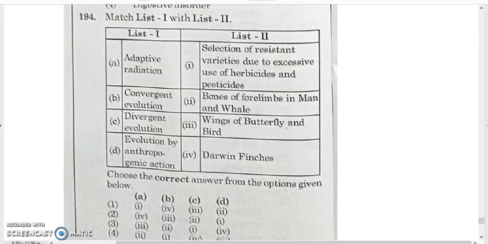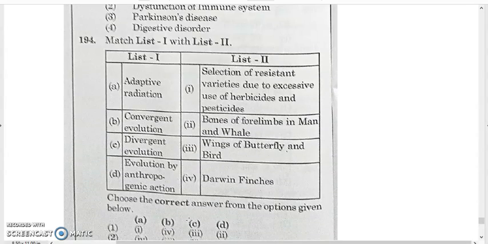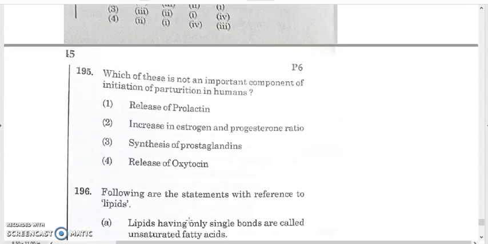Different mutant varieties develop due to evolution by anthropogenic action, that is, by human action: selection of resistant varieties due to excessive use of herbicides and pesticides. So D will be option 1. So the answer will be 194, option 2.